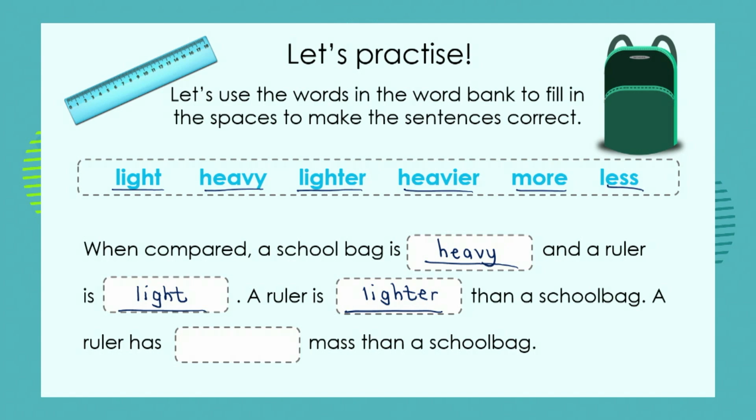And our last sentence, a ruler has, is it more or less mass than a school bag? Well done. It is less mass than a school bag because remember we said smaller objects have a smaller mass or less mass, and bigger objects have a bigger mass or more mass.